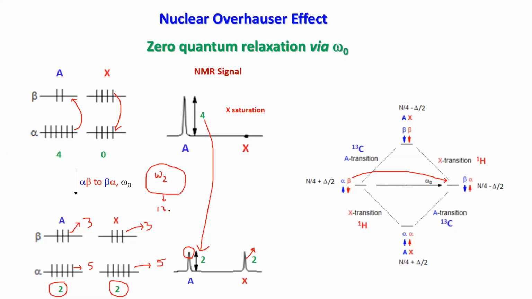So for the 13C and proton system, the relaxation route is omega 2. That is the most decaying route we see when it is undergoing the relaxation to achieve a new equilibrium state for the 13C proton system.